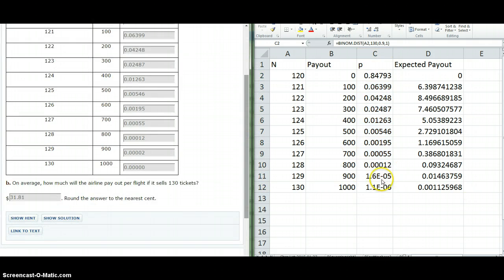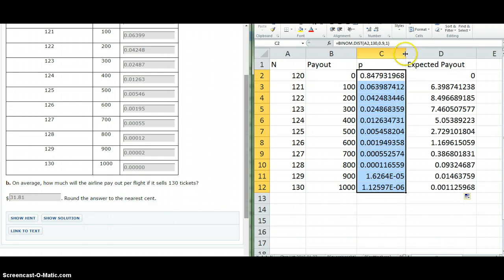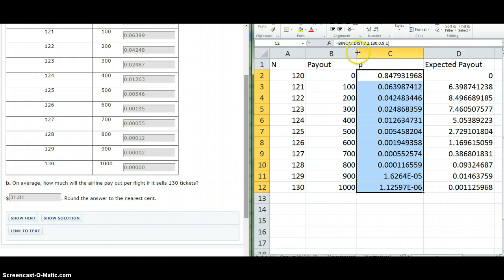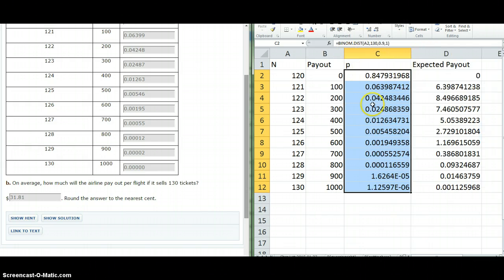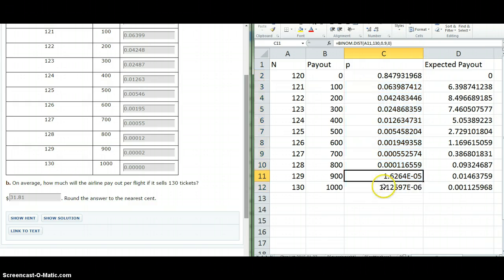And as always, when we have these E's, we can stretch that column. Whoops, didn't get it large enough. I can't. So I would need to go in and change the settings. So I'd highlight those and right click if I did want to see those more clearly.